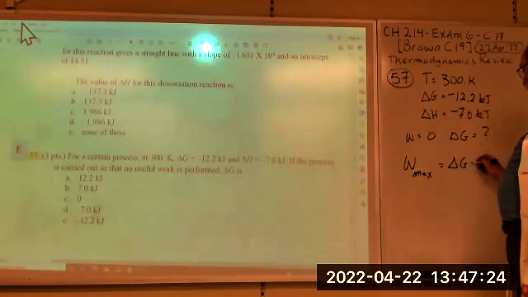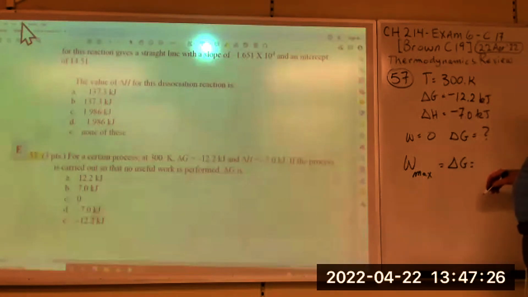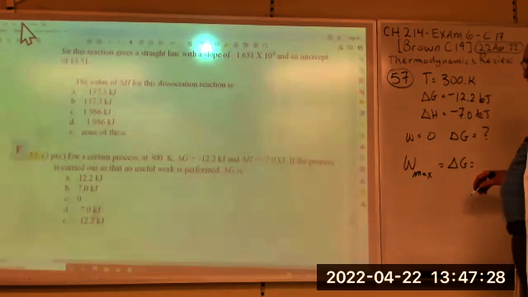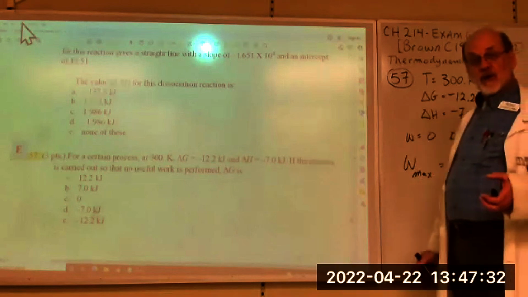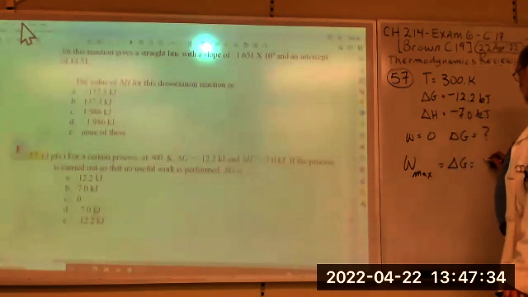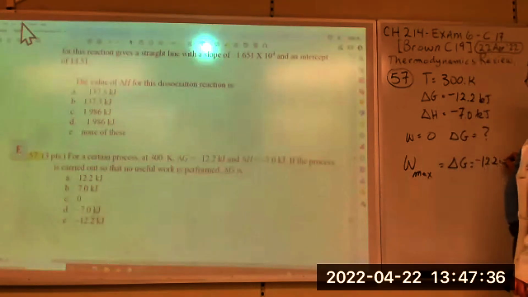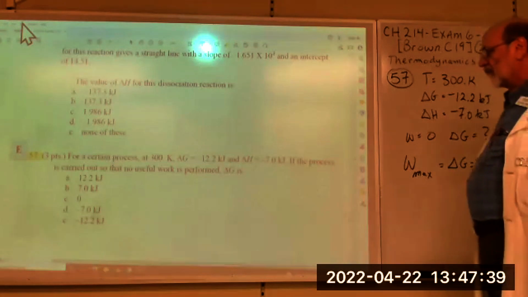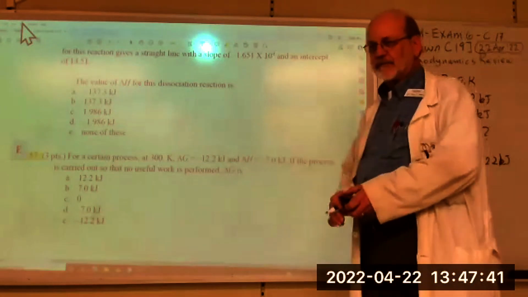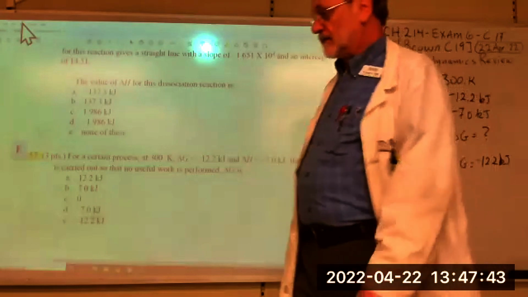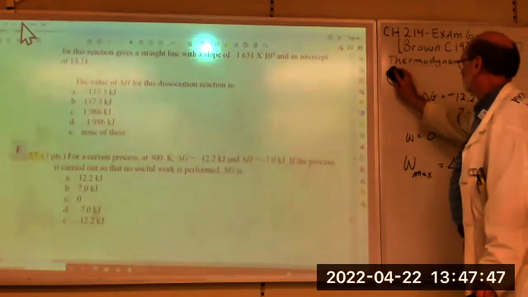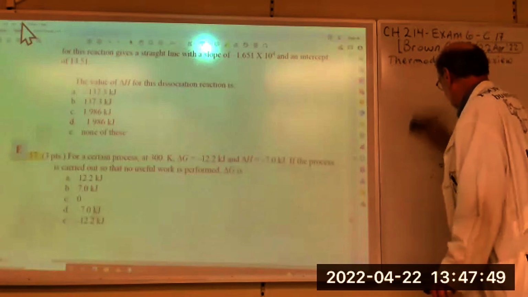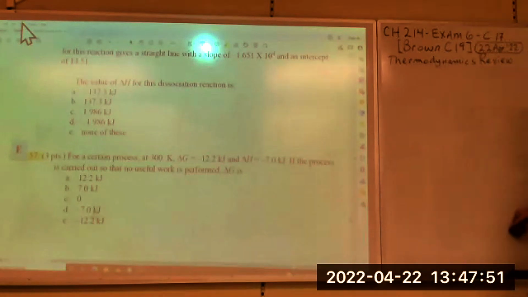Right? That doesn't matter really. That's blue smoke. The delta G is still minus 12.2 kilojoules. Okay? That's a trick question. No doubt about it. All the rest of that stuff was unnecessary information.